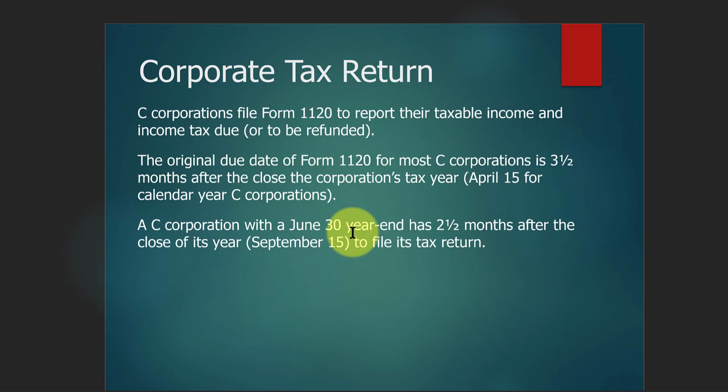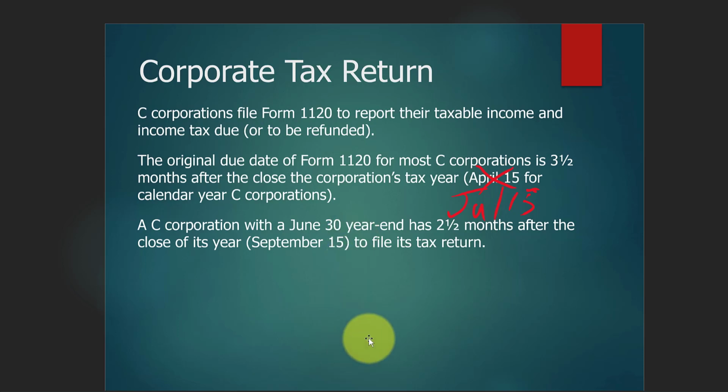And again, with the COVID relief tax situation, this April 15th date is now automatically extended to July 15th. Also, any balance due and taxes due on April 15th is also extended to June 15th.